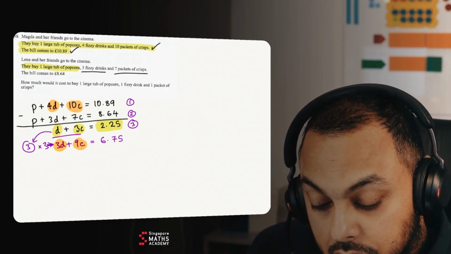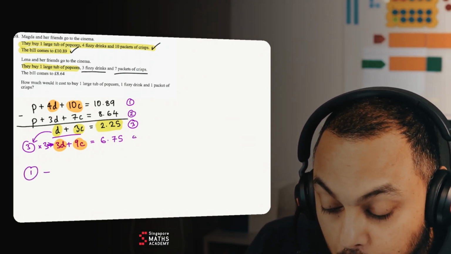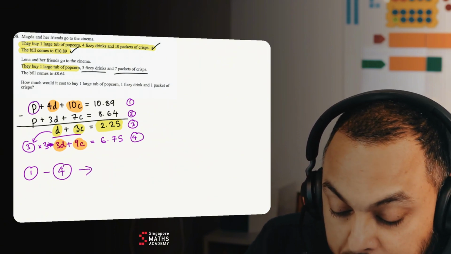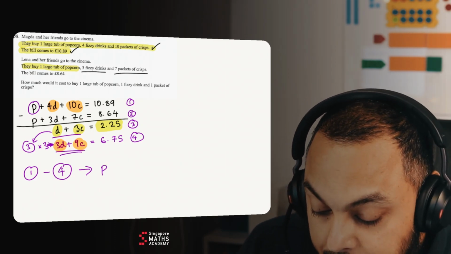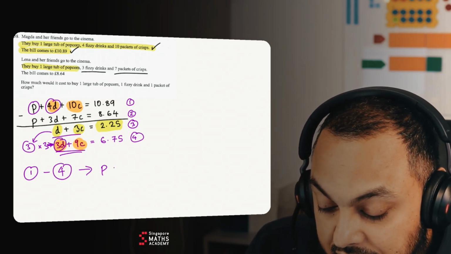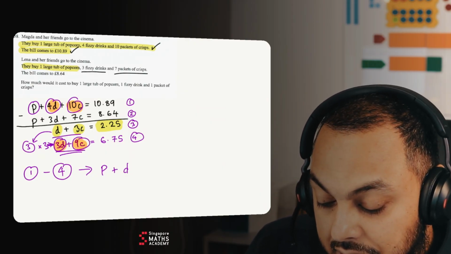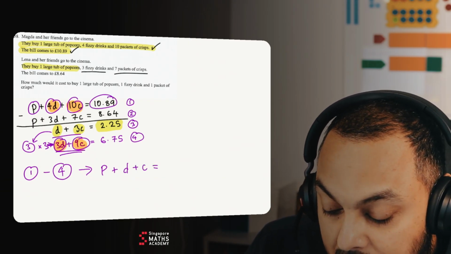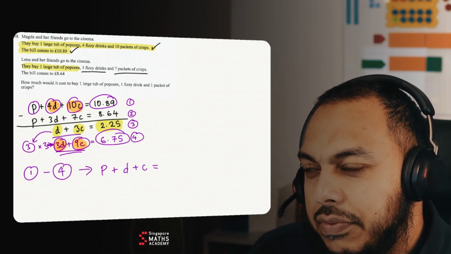We can work out, if we do equation 1, take away, I'm going to call that equation 4 now, take away equation 4, what we'll get is p take away, there's no p here, so p take away 0p, so it's going to be p. 4d take away 3d is just going to be d. And then 10c take away 9c is just going to be c. And that's going to be equal to £10.89 take away £6.75. What's £10.89 take away £6.75?